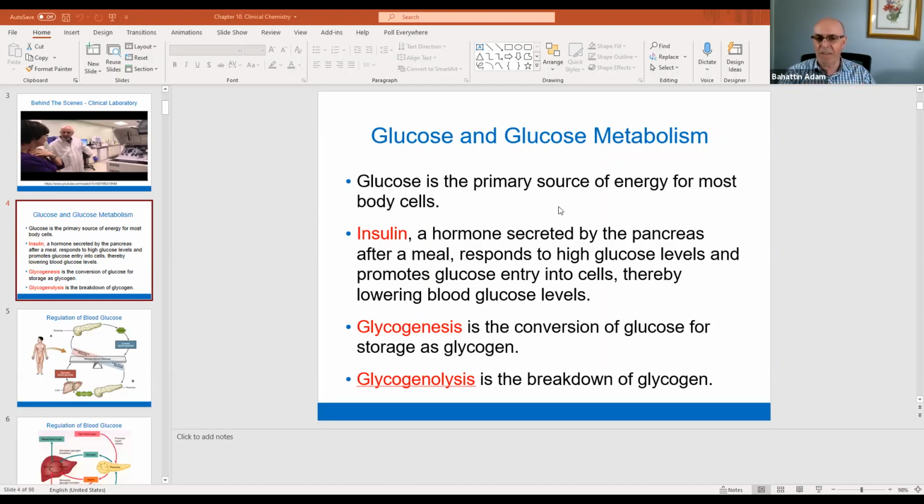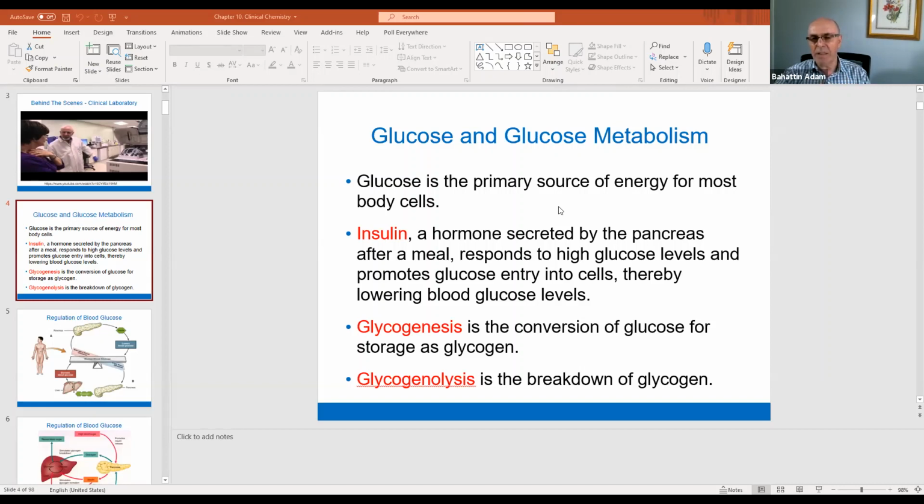The first one is insulin, a hormone secreted by the beta cells of the pancreas after a meal, in response to high glucose levels.